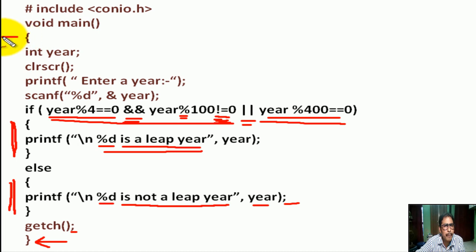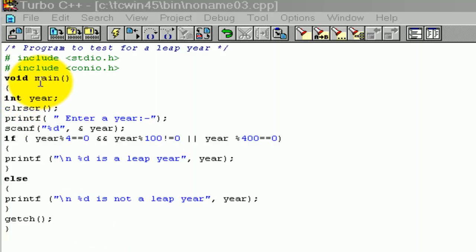Okay, this is the main block begin, this is the main block end. Before the end of the main block, the getch function, and this is the if else statement. Okay, now we run the program.